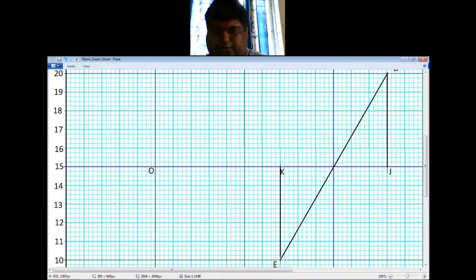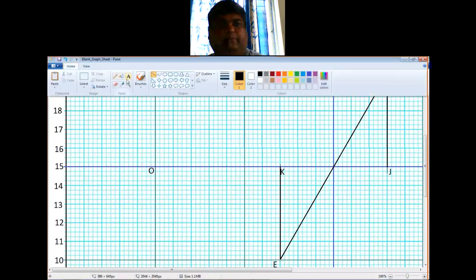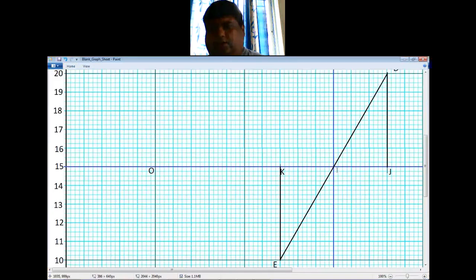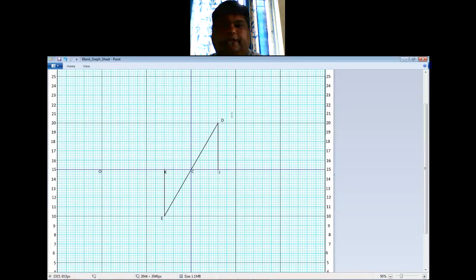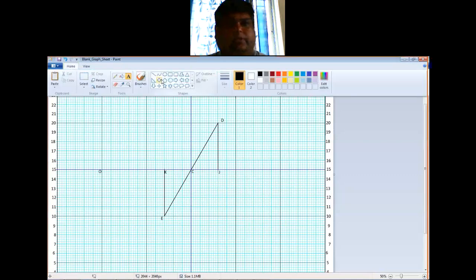I just join D and E like this. Now this line is bisecting KJ at point C. So I'll call this point as C. Alright. Now with CD or CE as radius, I have to draw the circle. That is your Mohr circle.